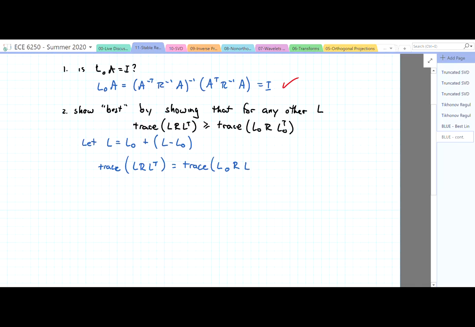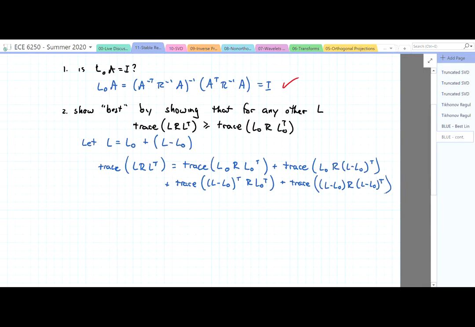So we get that plus the trace of L naught R L minus L naught transpose, plus the trace of L minus L naught R L naught transpose, plus the trace of L minus L naught R L minus L naught transpose.